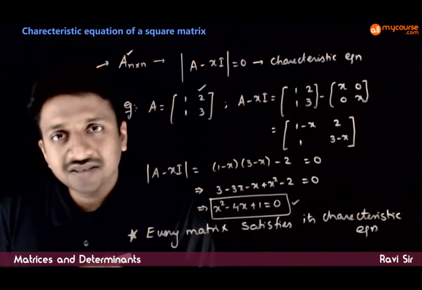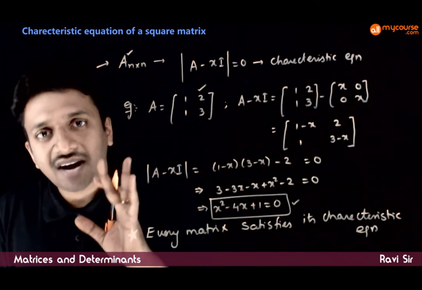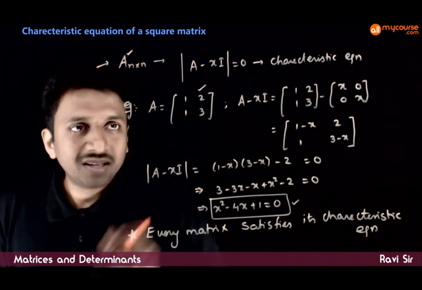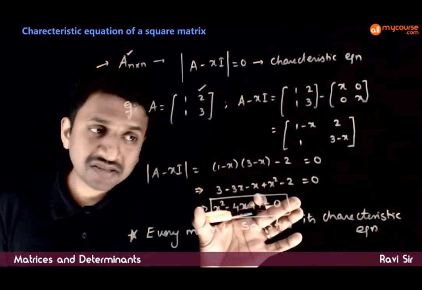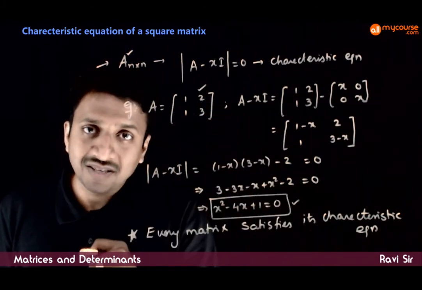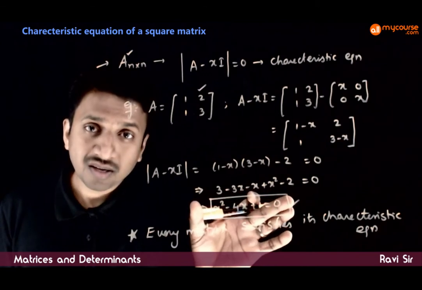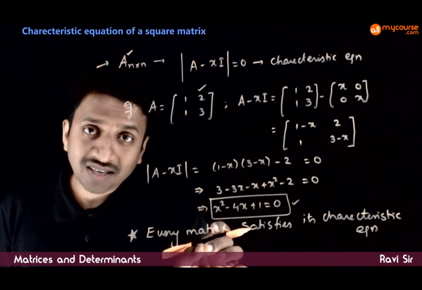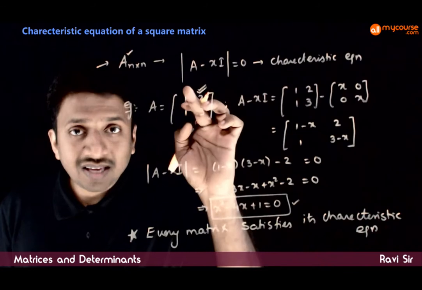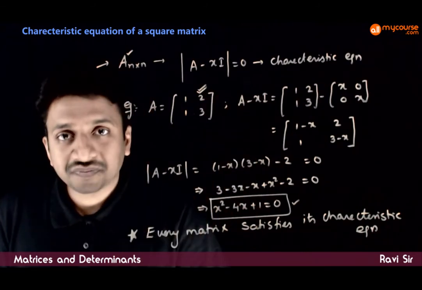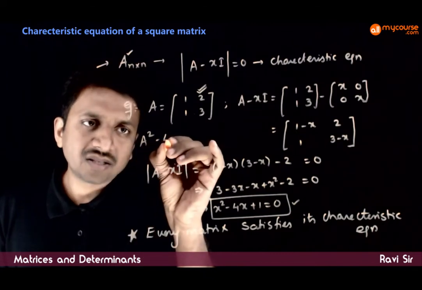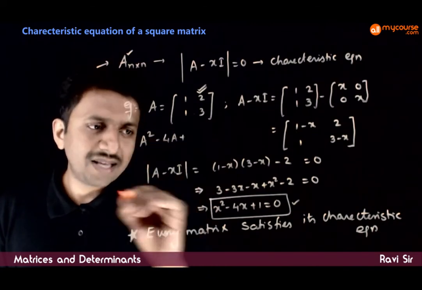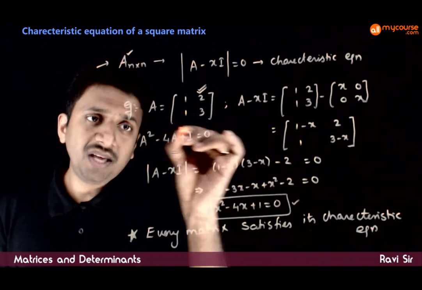The matrix A, 1, 2, 1, 3, has this as its characteristic equation. Now the statement states that the matrix A satisfies this equation. That means A square minus 4A plus I will be equal to 0.